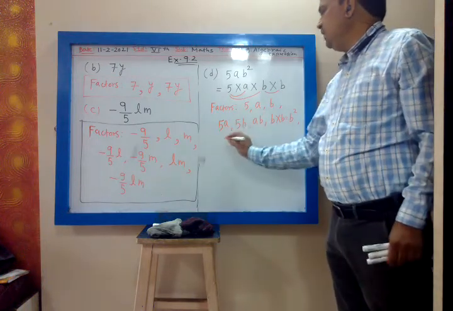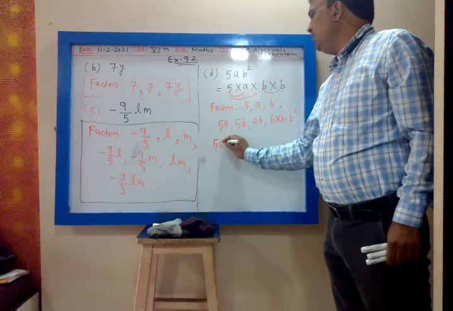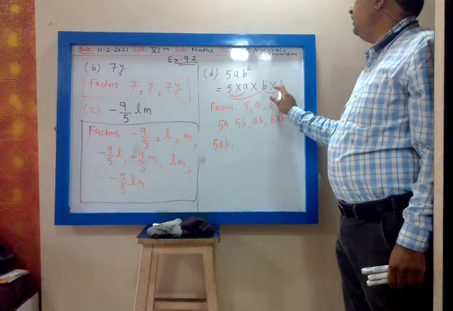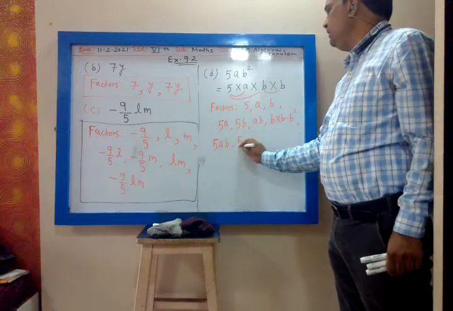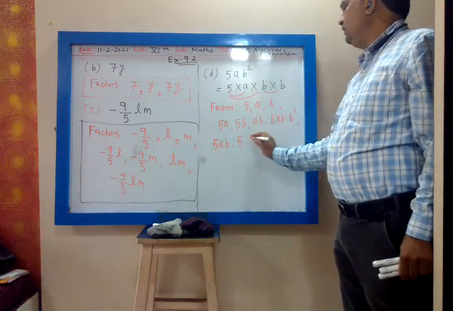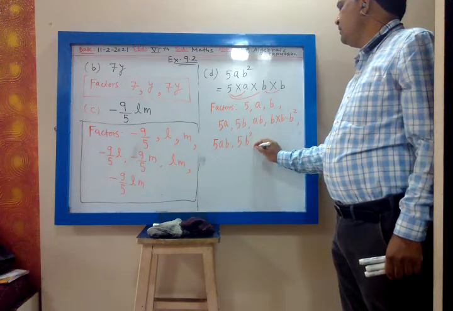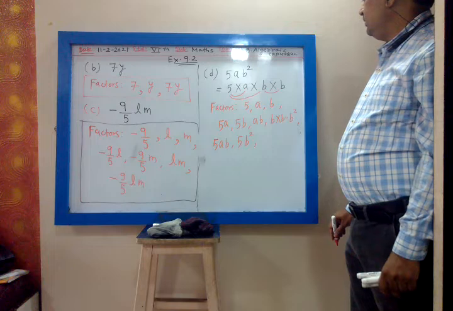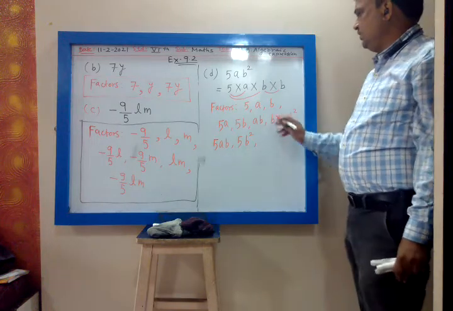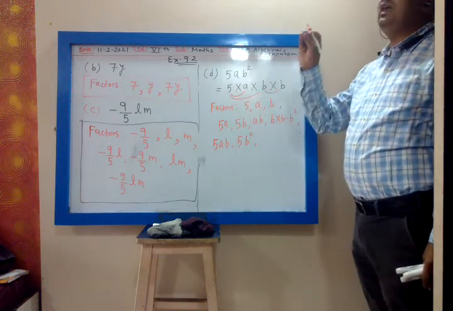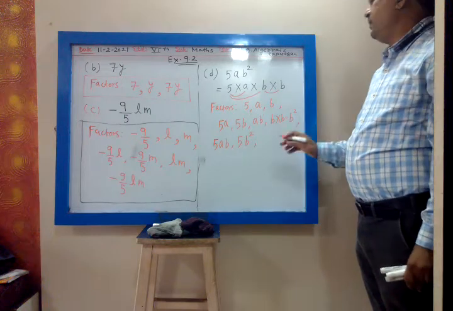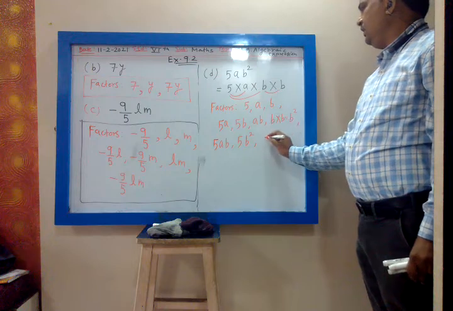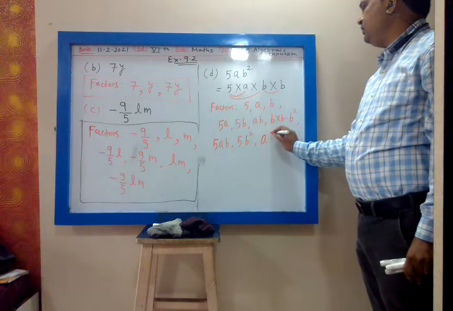Now factor with three terms, that will be 5ab, then again 5ab already written, then 5bb, that is 5b square. No, the square is only for b, not the whole term. Then 5b square, then ab, then ab square is also there.